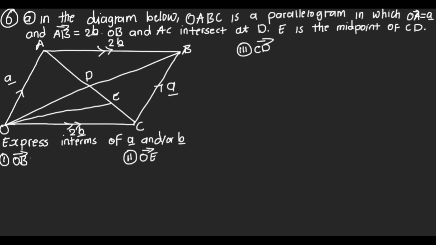Now let's look at the first question. So the first question is we want to find the vector OB. So we can move in this direction or we can move in this direction. The answer will be the same. So we can say OA plus AB.